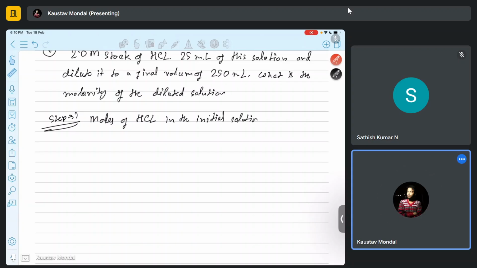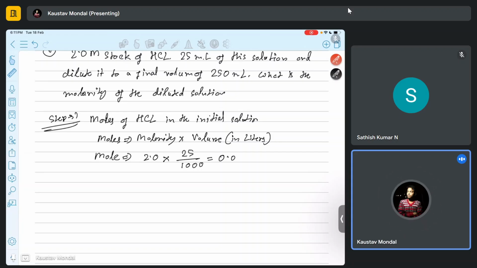Moles would be simply molarity into volume, in liters. Molarity we already know, it's 2.0, and volume is 25 ml, but we have to write it in liters, right? So 25 by 1000, this gives you basically 0.05 moles.